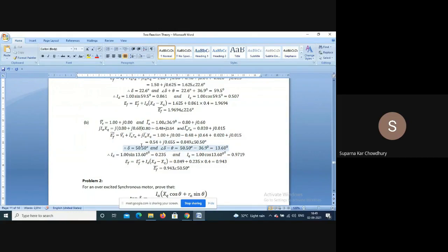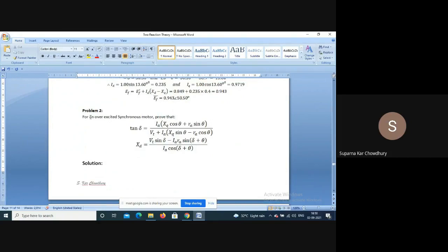So delta is 50.5. Here it will be delta minus theta because this is leading power factor, so this will be 13.6 degrees. So we get Id and Iq. So Ef is equal to Ef dash plus Id into Xd minus Xq. So it is 0.943 angle 50.5.